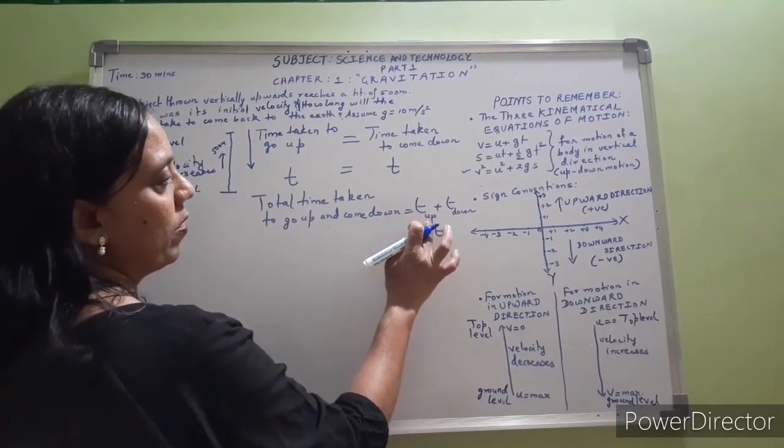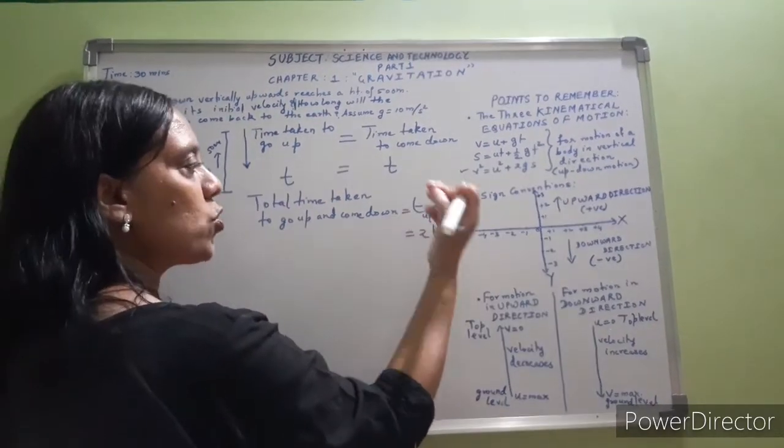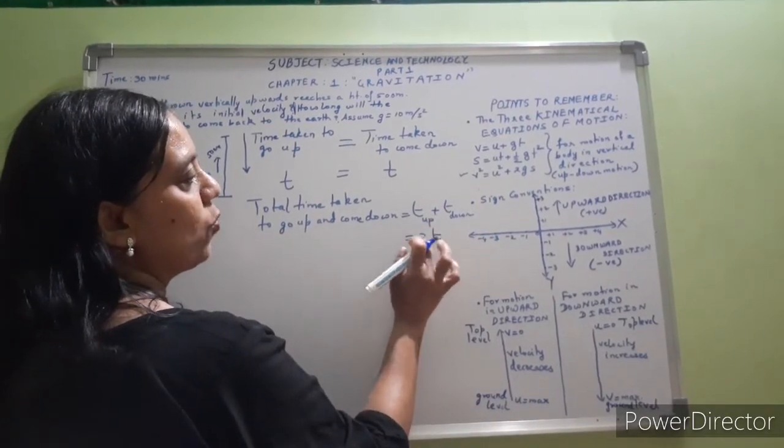So t up will be t and t down will also be t. So t plus t will give you 2t.